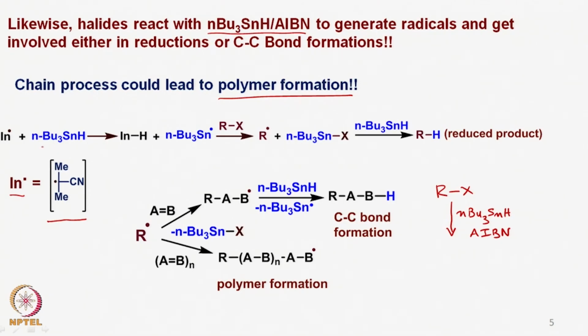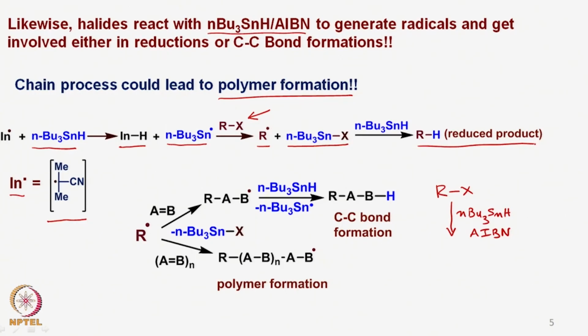That interacts with the tributyltin hydride and forms InH, and this radical interacts with the hydrogen and releases the tributyltin radical, which interacts with the Rx to be reduced. Then R dot is formed and tributyltin X is released, and this radical interacts with the tributyltin hydride to go to the reduced product.